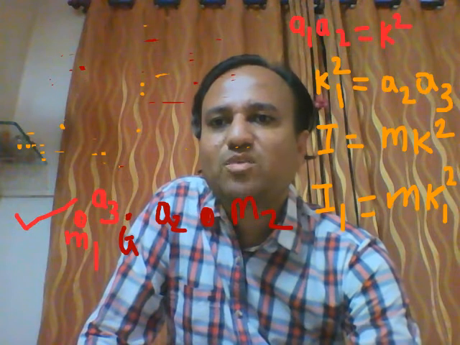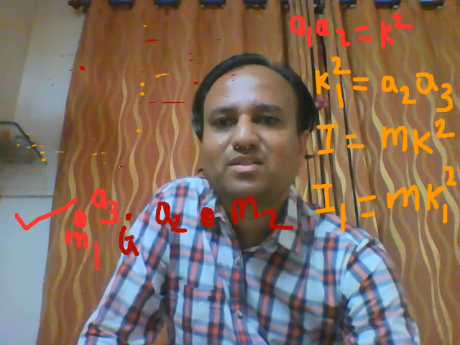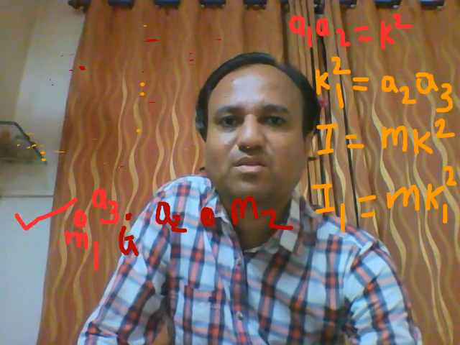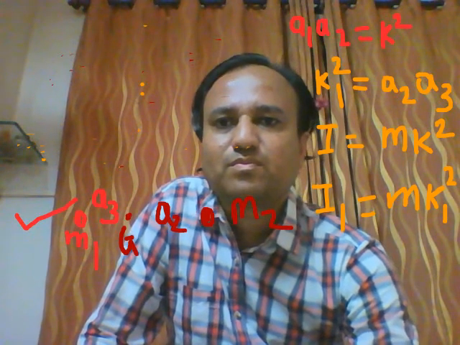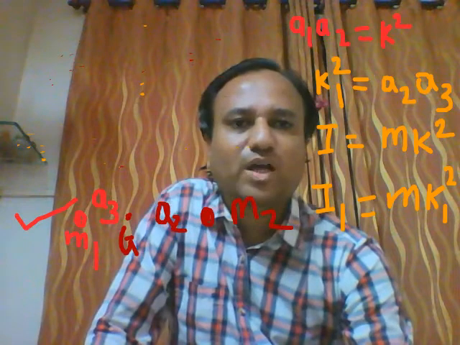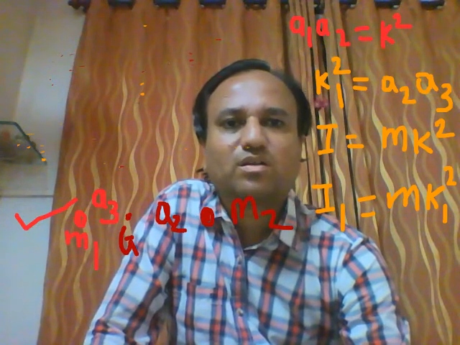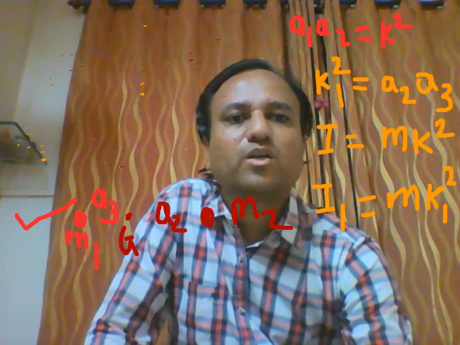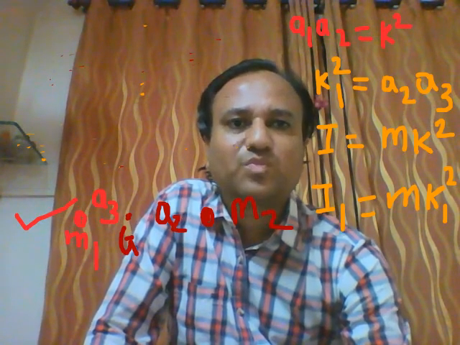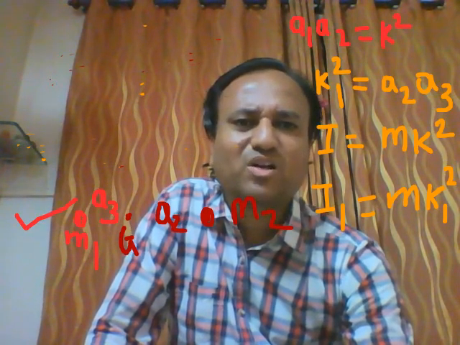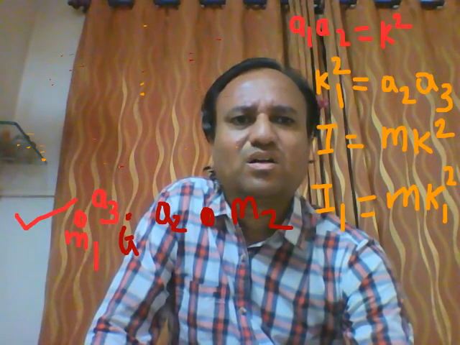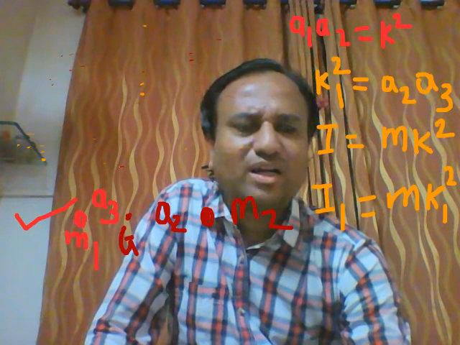So the last content of the second module we are discussing, that is dynamically equivalent system with correction couple. Now student, we have calculated and denoted the value of k1 square as a2 a3. K square is a1 a2, we already discussed. Calculation of k1, so I1.